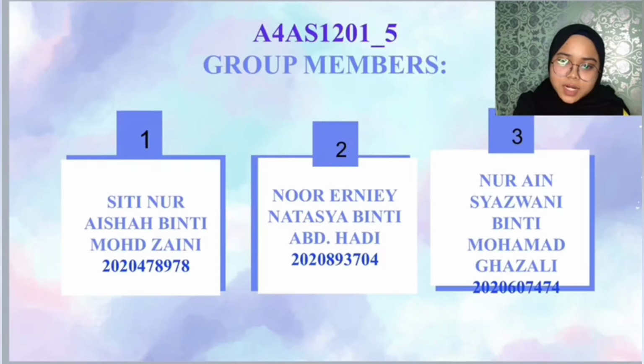We are from class A4 AS120 Group 5. In this group, we have 3 members. First, Siti Nur Aisyah binti Muhammad Zaini, student ID 2020478978. Second, Nur Erni Natasha binti Abdul Hadi, student ID 2020893704.